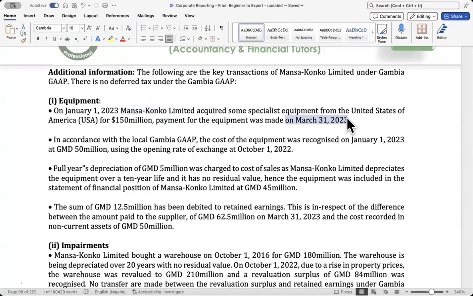Okay, so at least this one is part of what I taught you today. That's the first one. So in accordance with Gambian GAAP, the cost of equipment was recognized on January 1st, 2023 at 50 million GMD using the opening rates at the beginning of the year.